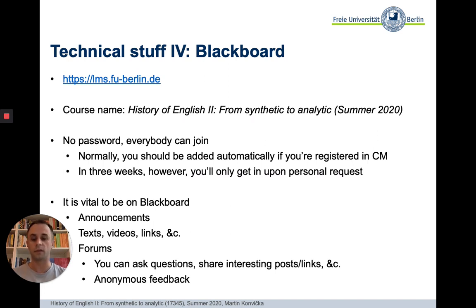There will also be the option of posting anonymous feedback. There will, of course, be a feedback session at the very end of the semester. But if you want to tell me to improve or to not do a certain thing during the semester, you will have the option to do that on Blackboard. You can either write your name beneath that comment, or you can also post anonymously.